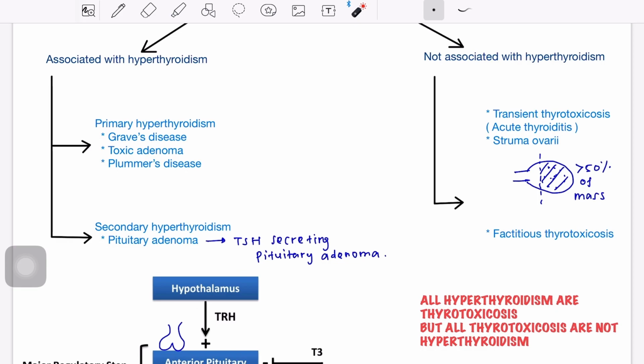So in the initial stage it will be hyperthyroidism, and in the later stage they become hypothyroid. And struma ovarii means that more than 50% of the mass of the ovary contains thyroid tissue, so it produces thyroxine from there. And factitious thyrotoxicosis means the patient is taking thyroxine from the outside.